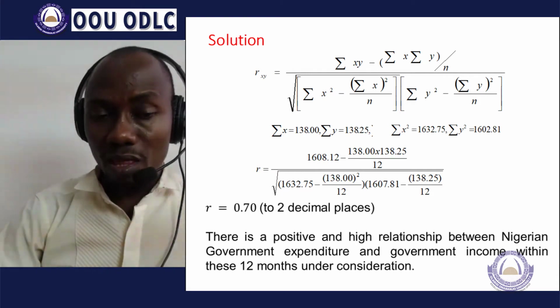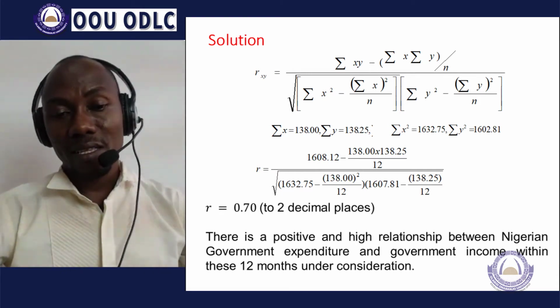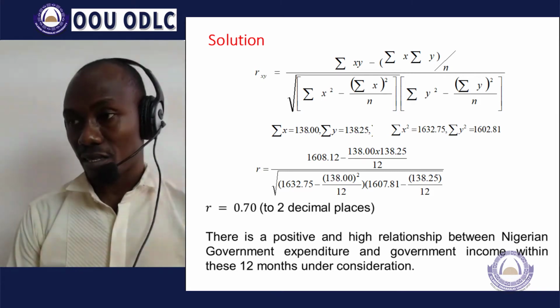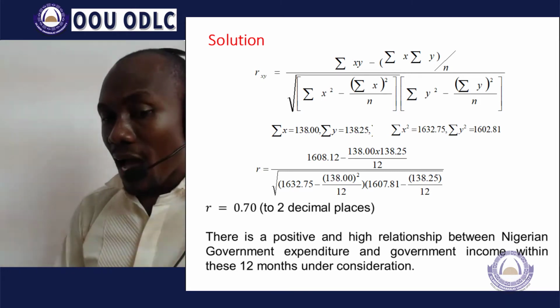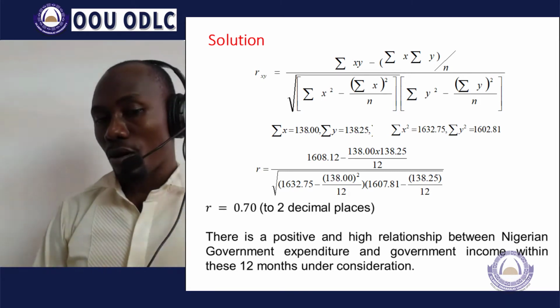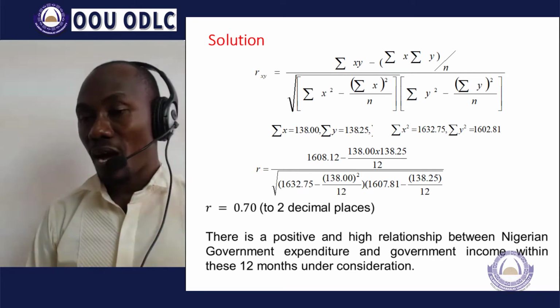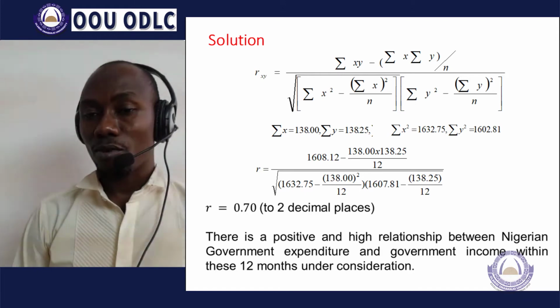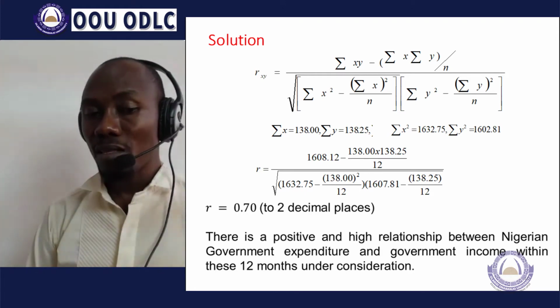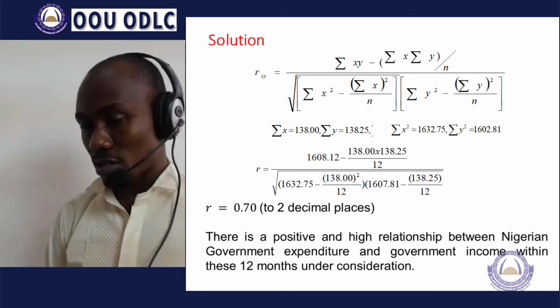So this will be interpreted that there is a 70% positive and high correlation or relationship between Nigerian government expenditure and Nigerian government income within the 12 months under consideration.